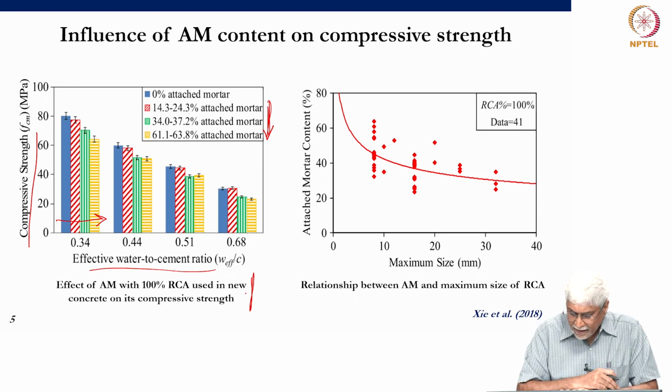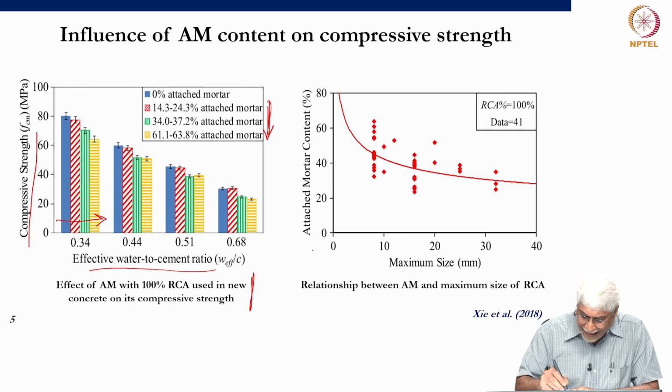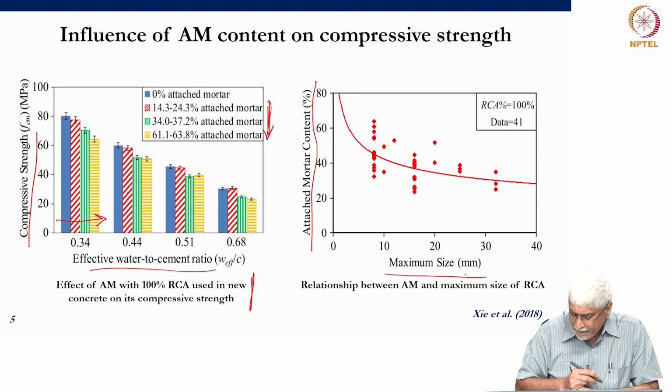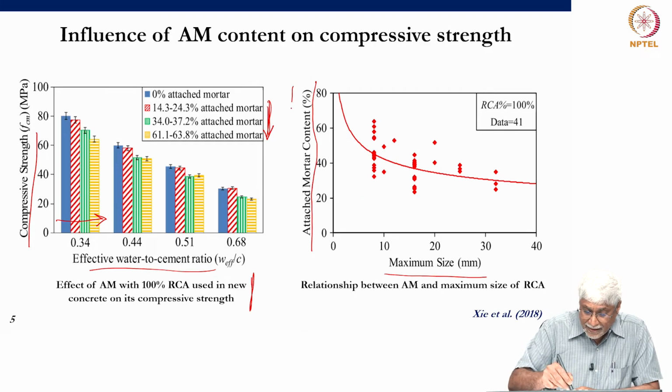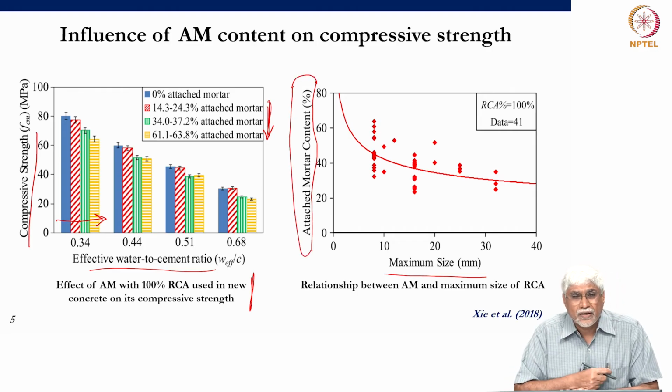Now on my right, we have the attached mortar content in the coarse aggregates versus the maximum size. Okay, and we find that when we have smaller aggregates, generally the relative, remember that this is a percentage, the relative amount of adhered mortar is more.